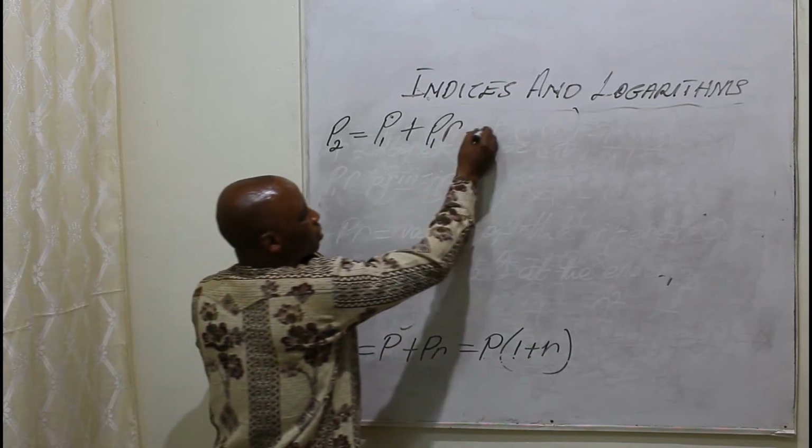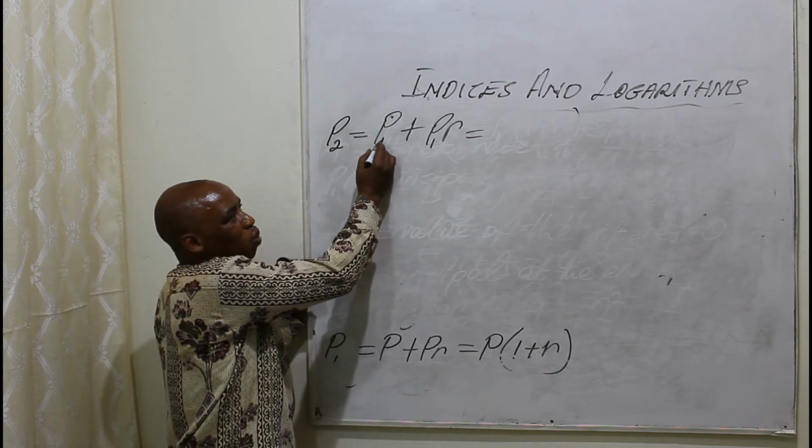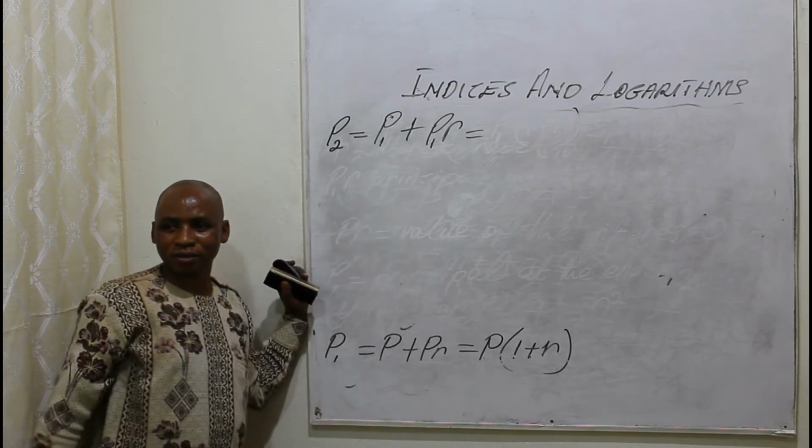Then with this, we factorize out, you see that P1 is common here, and P1 is common here.